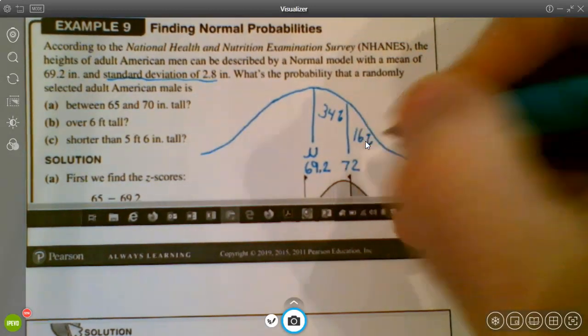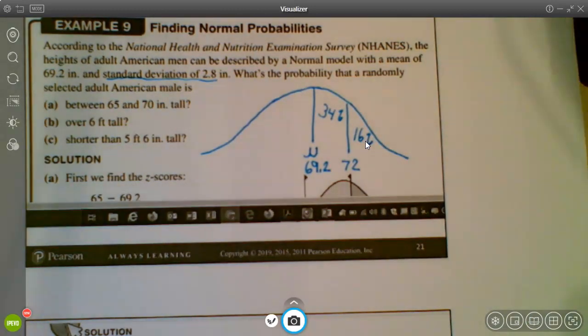However, that's still an estimate, right? The percentages that we were given in the previous lesson were approximations, right? This area is not exactly 34%, and this is not exactly 16%. Those are rounded numbers. So if we really want to get accuracy on this, we need to use some form of technology to do this.